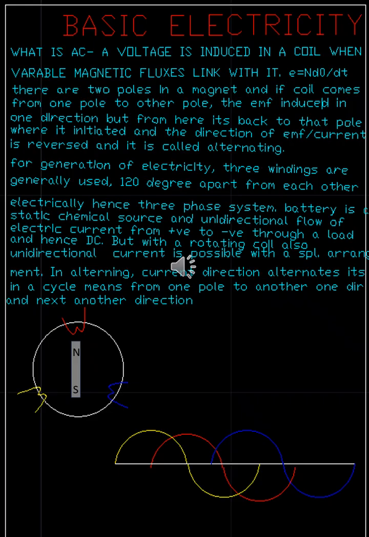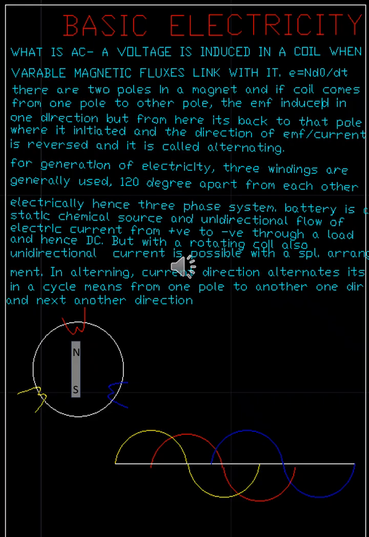If the north pole is at the red phase, then between red north and south there will be the blue phase, and from south to north it will be the yellow phase. So this is the angle difference, and the induced EMFs are 120 degrees apart.